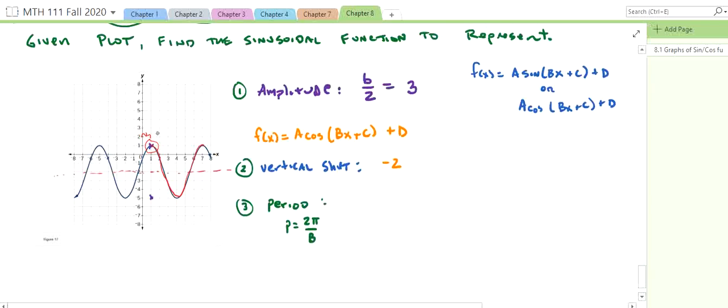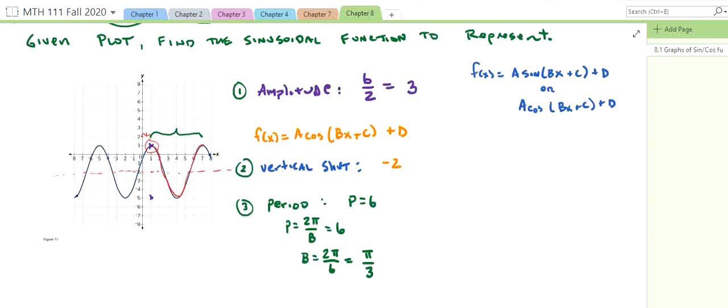So again, I said our period goes from here to here, and these are actual numbers, so we go 1, 2, 3, 4, 5, 6. It looks like 6. So our period equals 6. That means this equals 6. So B equals 2 pi over 6, or pi over 3.